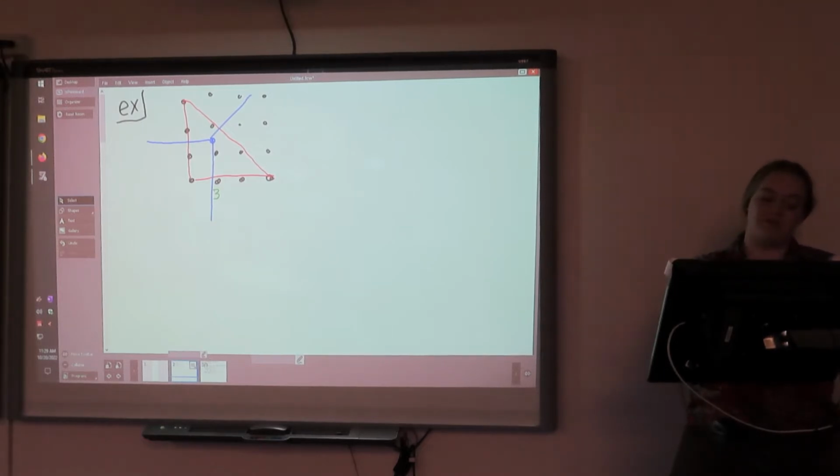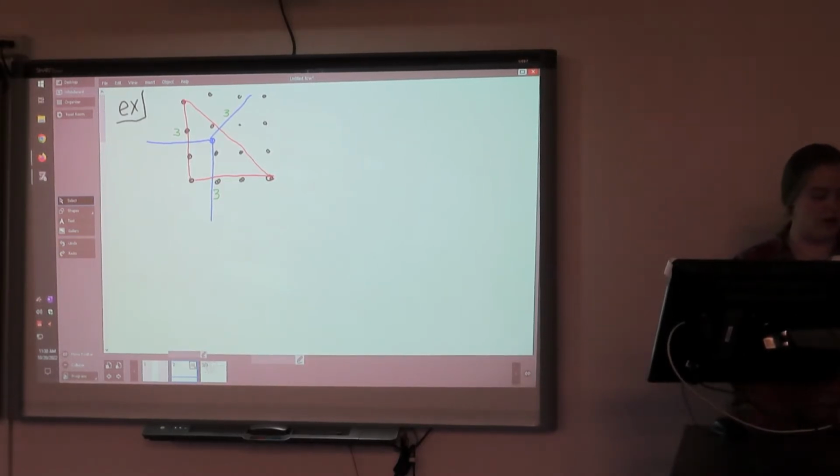Going up, the lattice length is 3. So that edge also has weight 3. And diagonally, our lattice length is also 3. So that edge also has weight 3. Because we're counting 1, 2, 3.